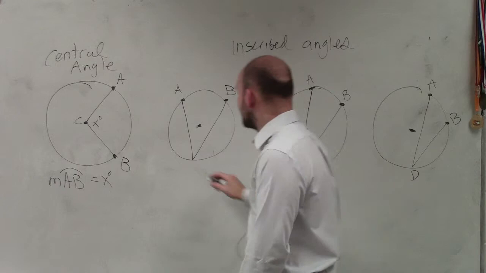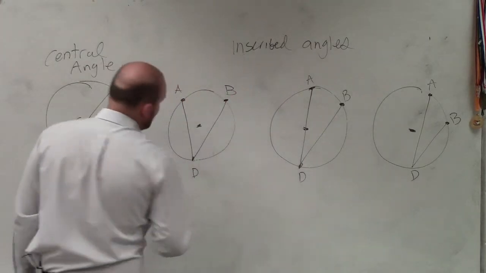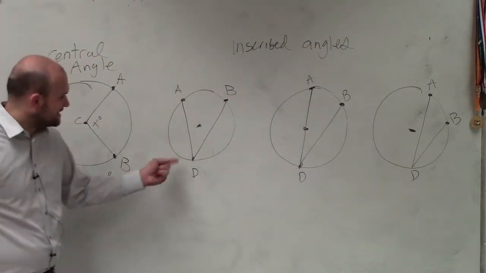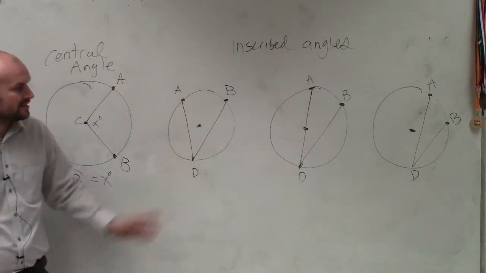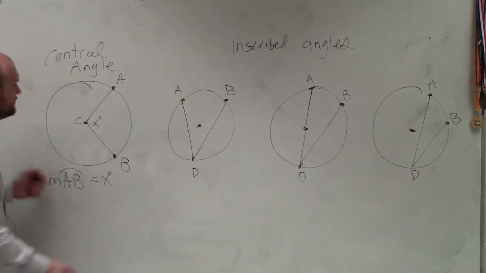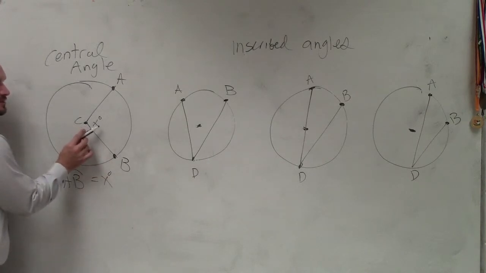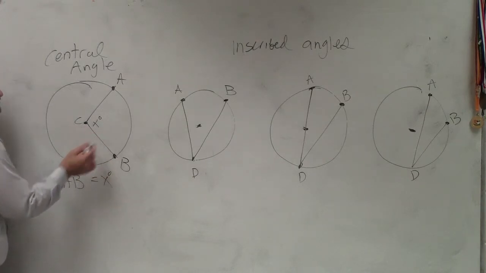Now, what's important about an inscribed angle is that, one, you guys notice that the vertex is not at the center. The vertex is on the circle. And also, what's important is, if you remember, the central angle was equal to x, equal to that angle.